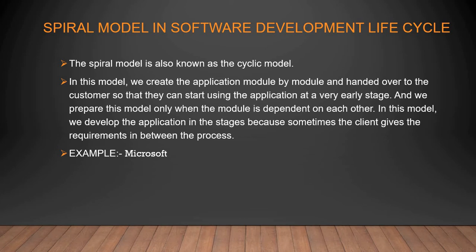In this model, we create the application module by module and hand it over to the customer so that they can start using the application at a very early stage. And we prepare this model only when the module is dependent on each other. In this model, we develop the application in the stages because sometimes the client gives the requirements in between the process.